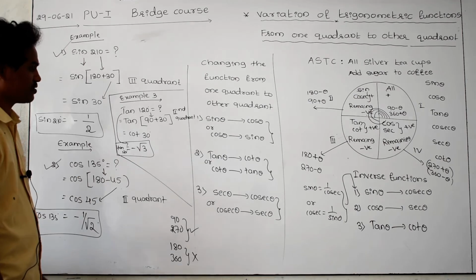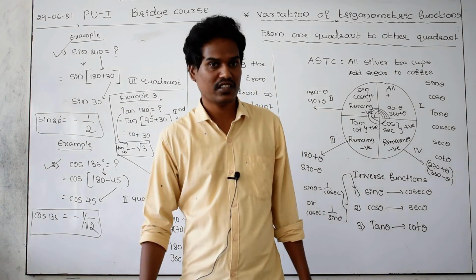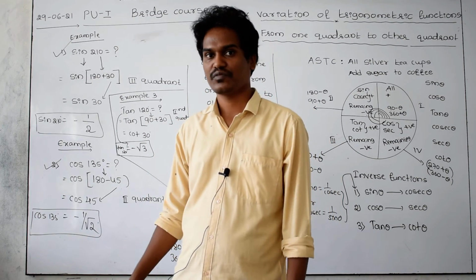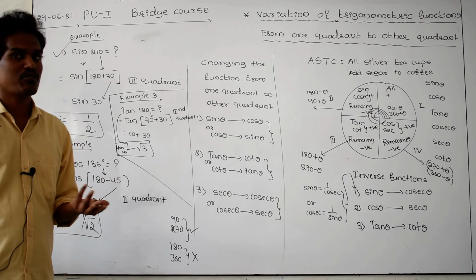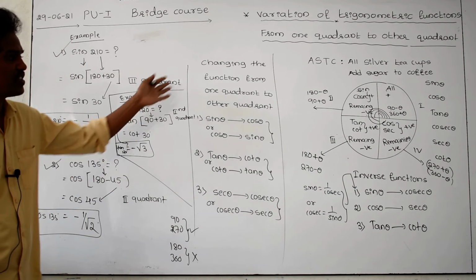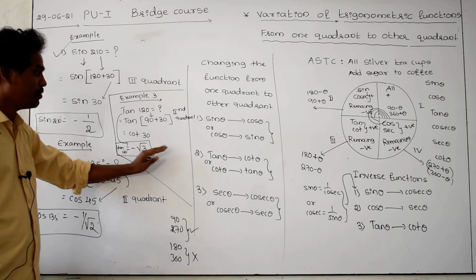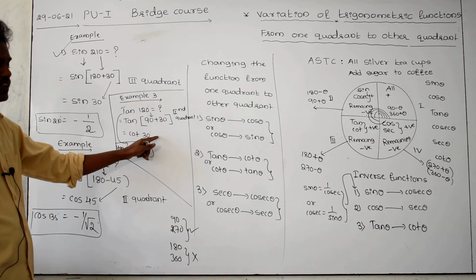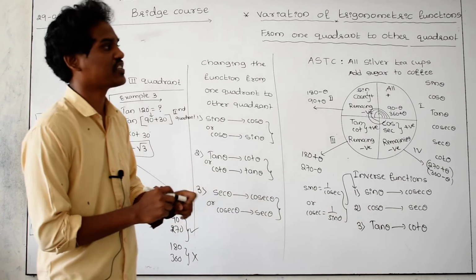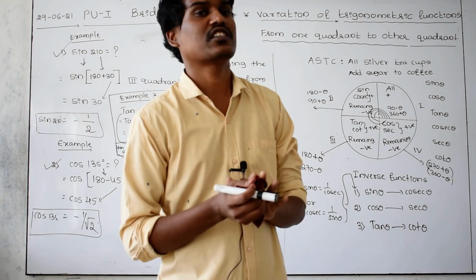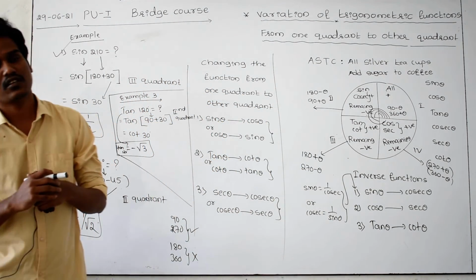This is the answer. And please note down these three. In the next class, I am continuing the same part with many more examples. You just remember this one. 1, 2, 3 we have studied now, and in the next class we will study sin 225, sin 235, sin 200 degree, and 180 degree.